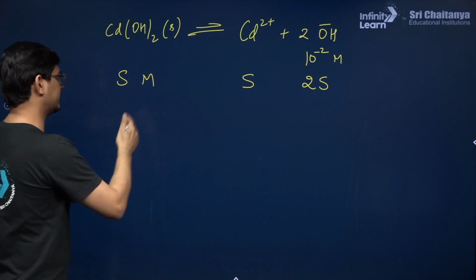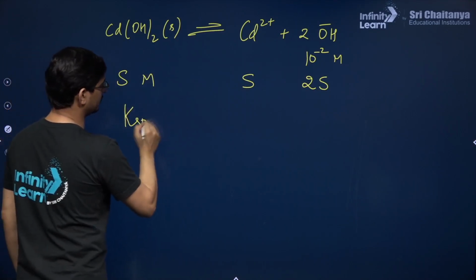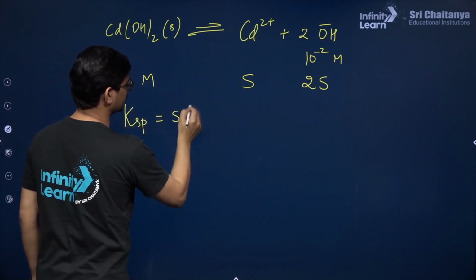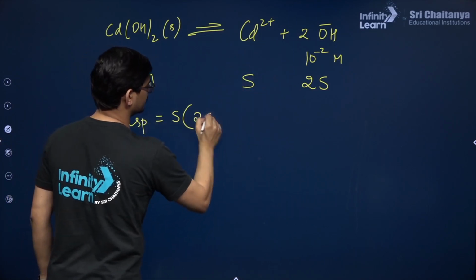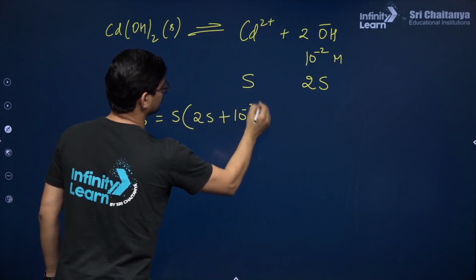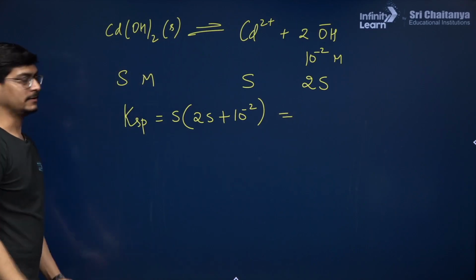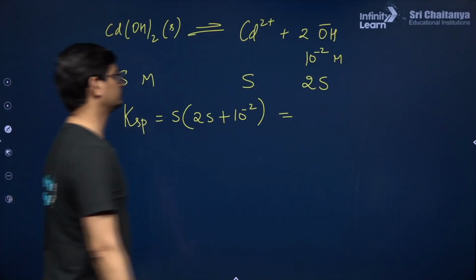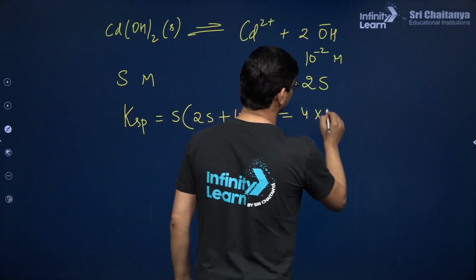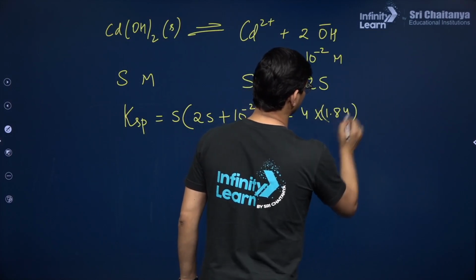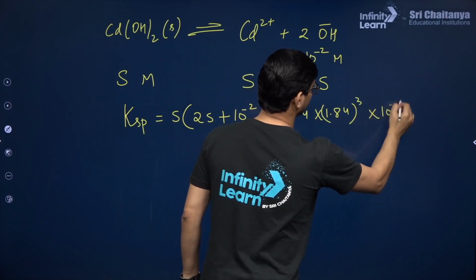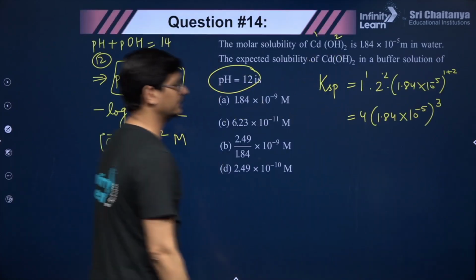Now let us write the KSP. KSP will be the concentration of cadmium, which is S, times the concentration of hydroxide, which is 2S plus 10 raised to the power minus 2, squared. This is equal to that value, right? 4 into 1.84 cubed, you will have to work it out, 10 raised to the power minus 15, I think it is, yes.